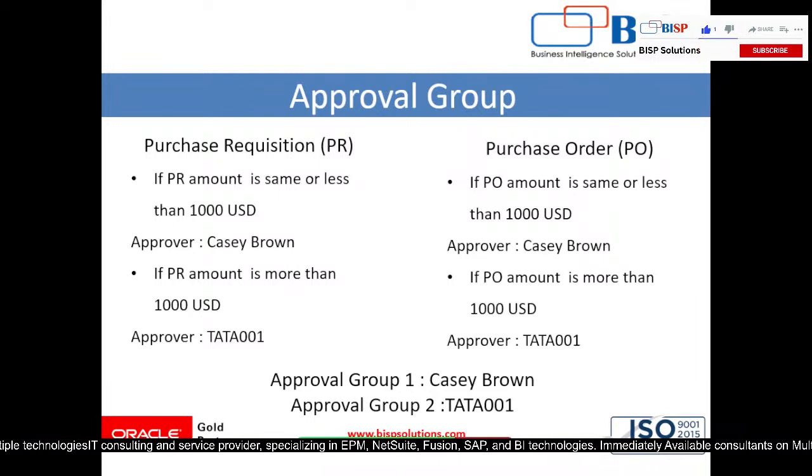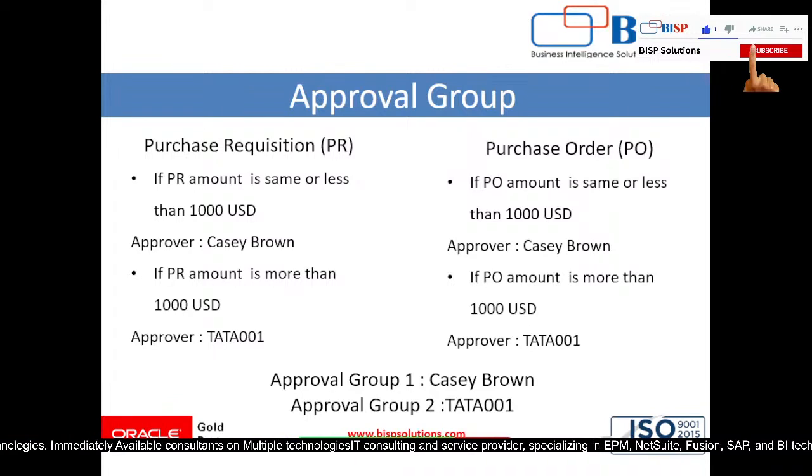So we can define the condition over here if the purchase requisition amount is same or less than, then we have the user name Casey Brown, and he will approve the request. Suppose the amount is greater than 1,000, then the manager will approve this request, right? So this is an approval group we can define over here in our application.